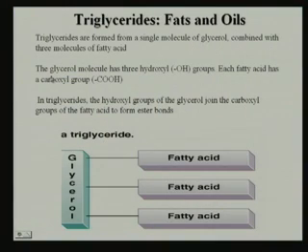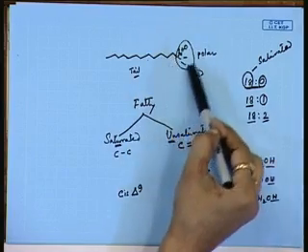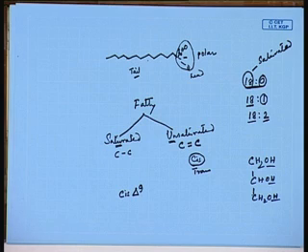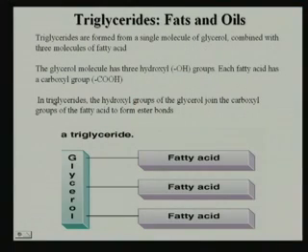Each fatty acid has a carboxyl end, that I have already mentioned, that any fatty acid has a carboxyl or the polar end within it. So, in triglycerides, the hydroxyl group of glycerol joins the carboxyl group of the fatty acid to form the ester bond.